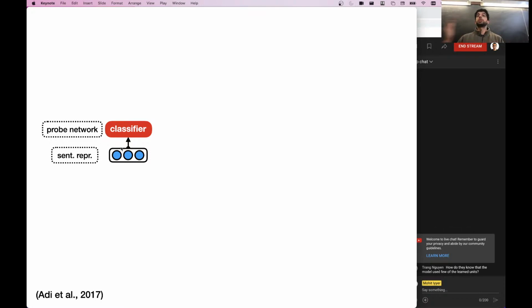My goal would be to project it down into the space of the possible labels that I have. So in the case of sentiment, I would have 2 labels. In the case of some other type of probe, I might have a different number of labels. Then I would apply a softmax layer, right, and actually train this model to predict whether or not whatever property I care about is present in the representation.